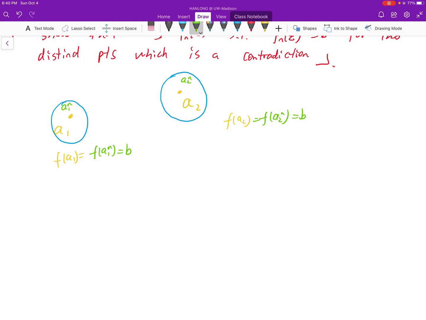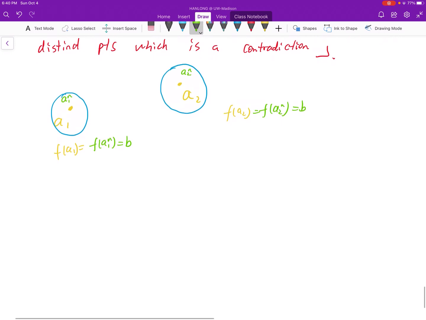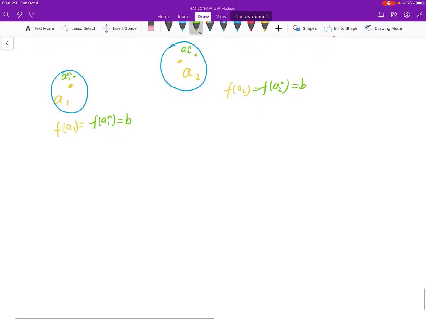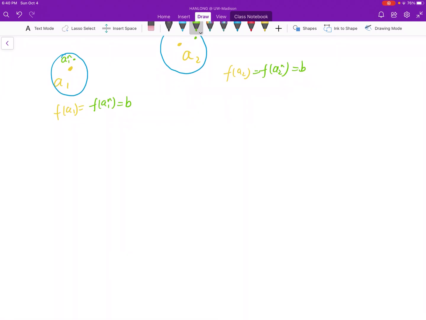That's our purpose. We want to find such points. Since the circles are separated, a1n is different from a2n.